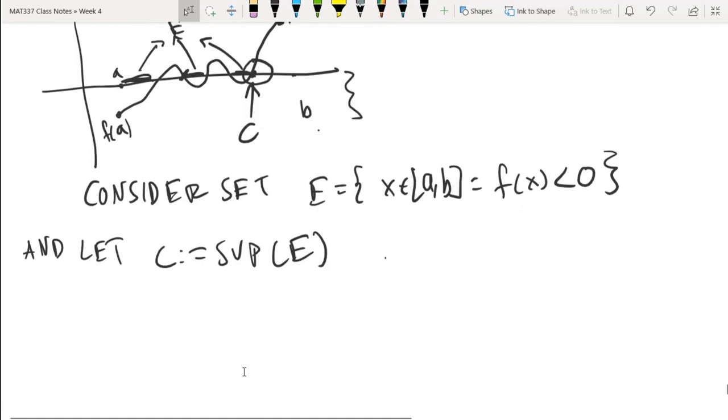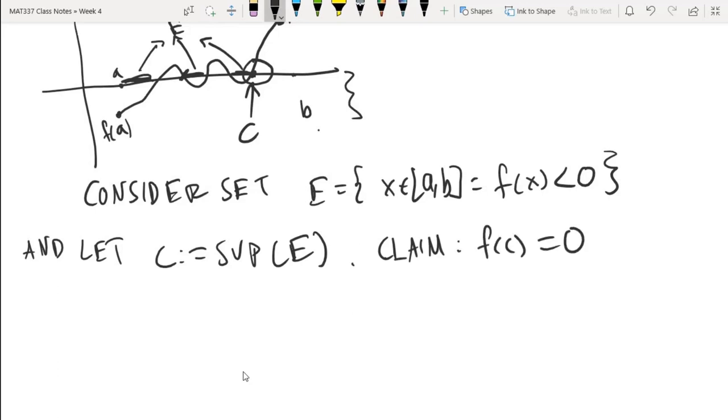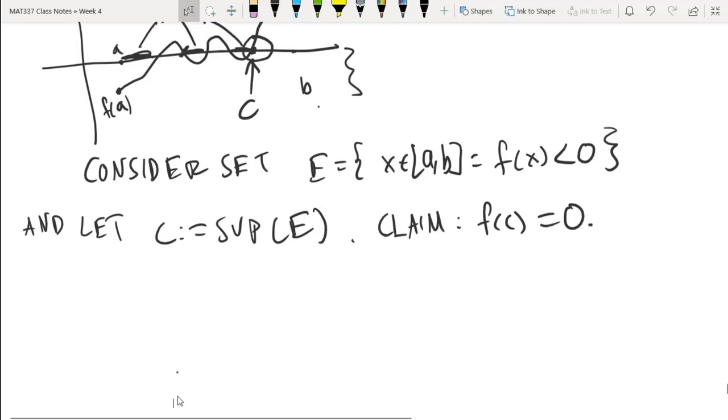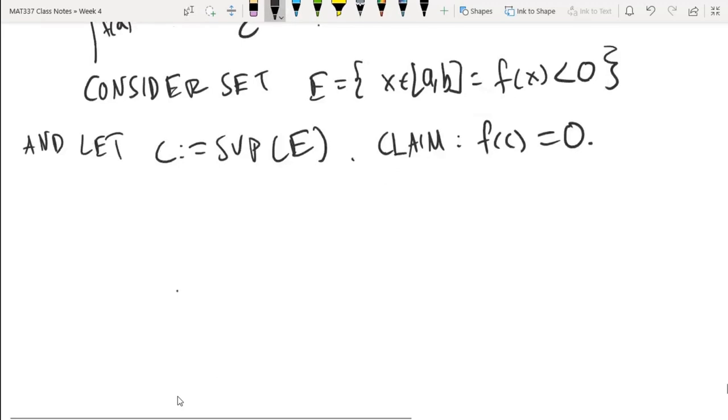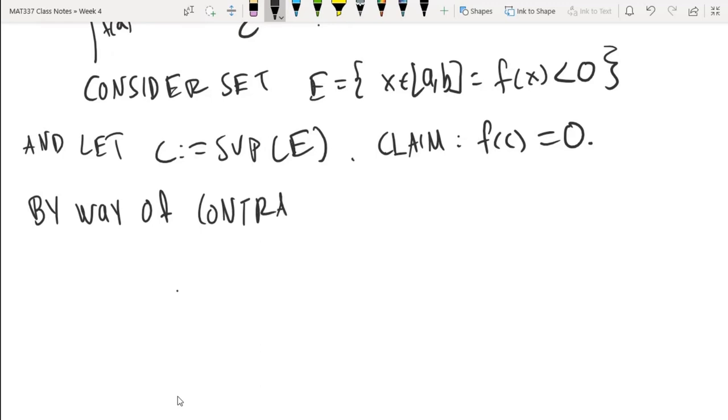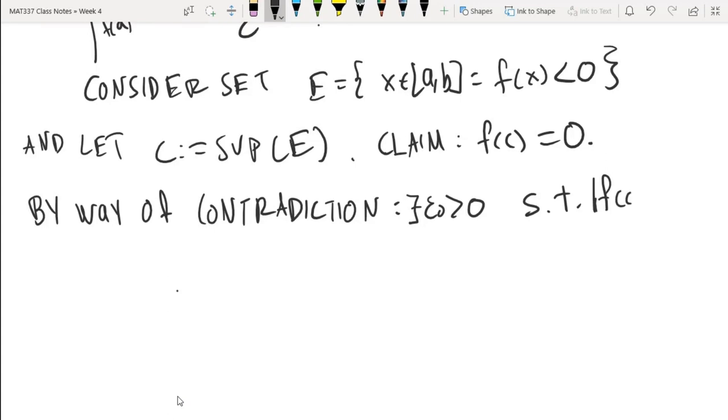The claim is f of c is 0. So we do it by way of contradiction, i.e., there exists some epsilon naught such that f of c is bigger than epsilon naught.